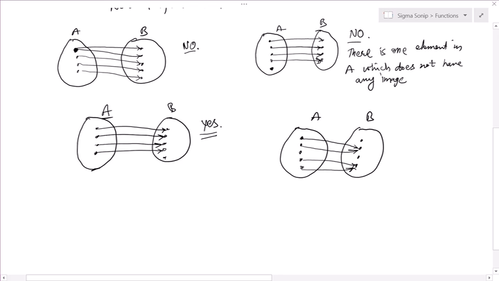So again, pause the video and think about it before you answer. My answer is that yes, it is a valid function because it satisfies both the conditions.